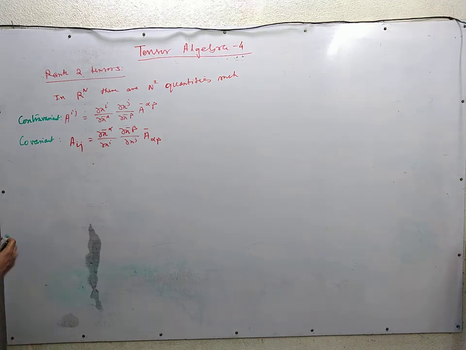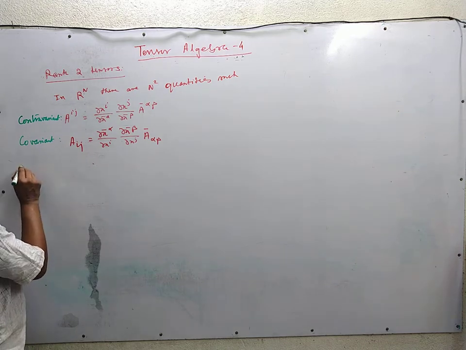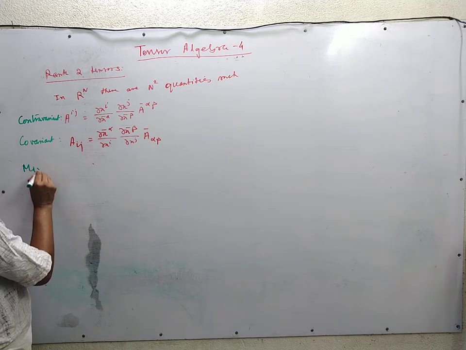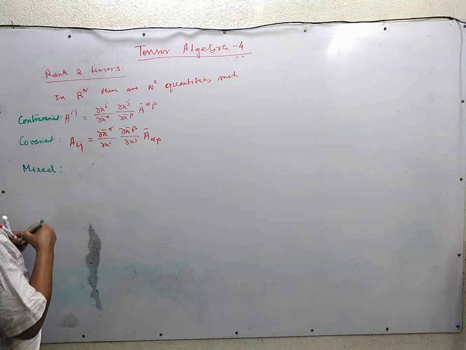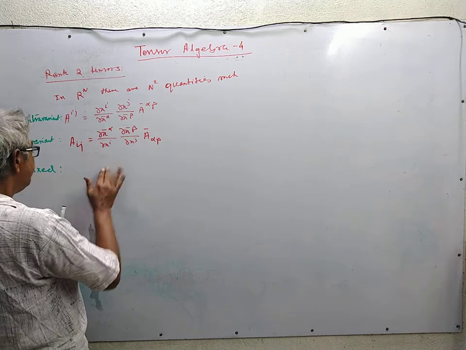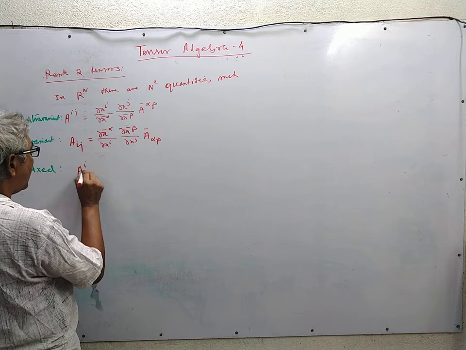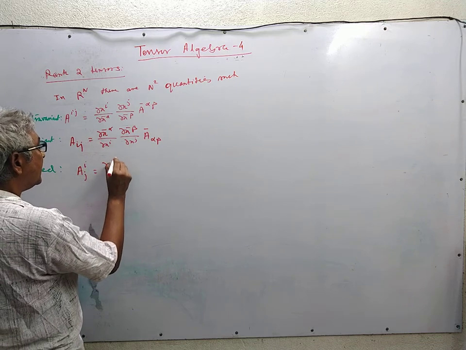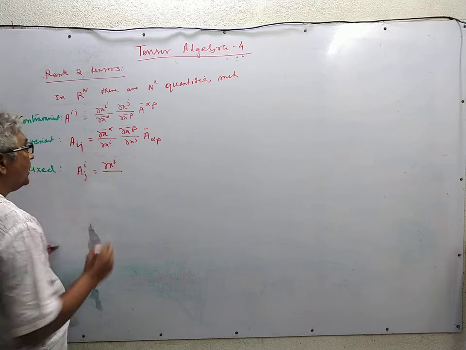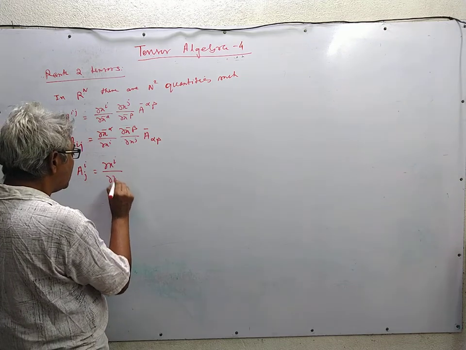And there is yet another type of tensor called the mixed tensor of rank 2, which is defined as Aij is equal to del x, I is the contravariant component.